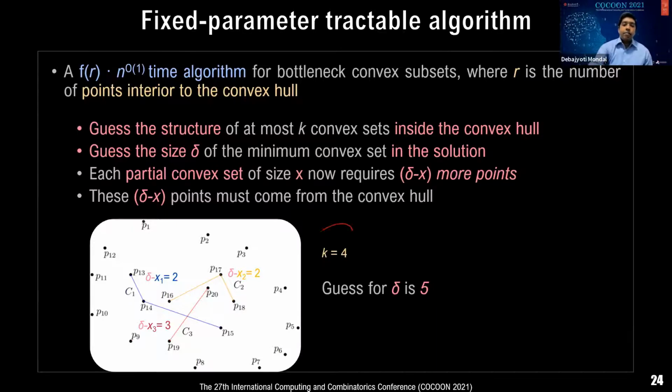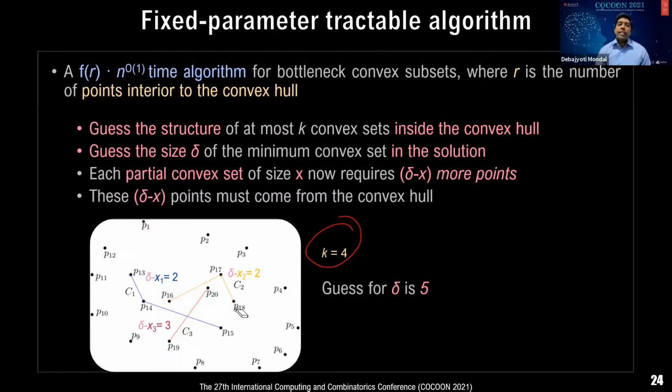In this example, we are looking for 4 convex sets, and we guess that 3 of these convex sets take this structure in the interior of the convex hull. So you have one partial blue convex set, one partial red convex set, and one partial yellow convex set. And now we know that we have this structure that we guessed.